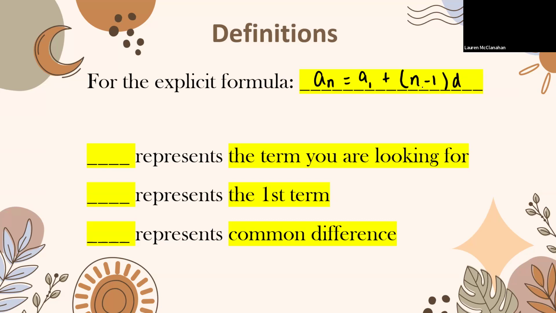Now, let's remind ourselves right here, when two things are side by side, what operation is taking place? Multiplication. So this is like you're going to distribute. It's just backwards. That d is on the back side of it, okay? So a_n represents the term you are looking for, a_1 represents the first term, and d represents the common difference.